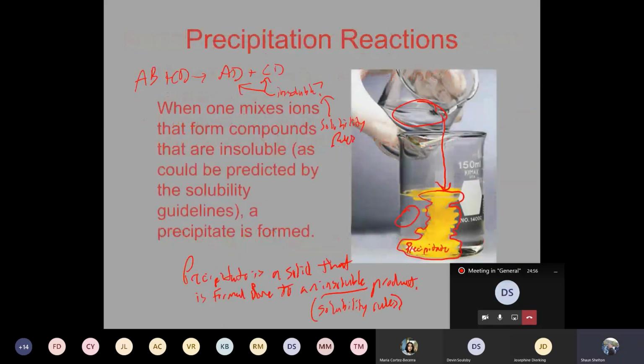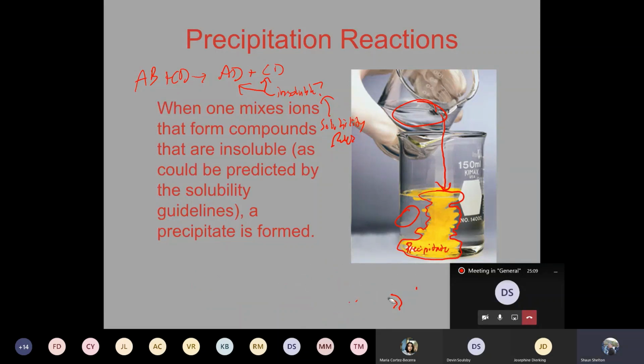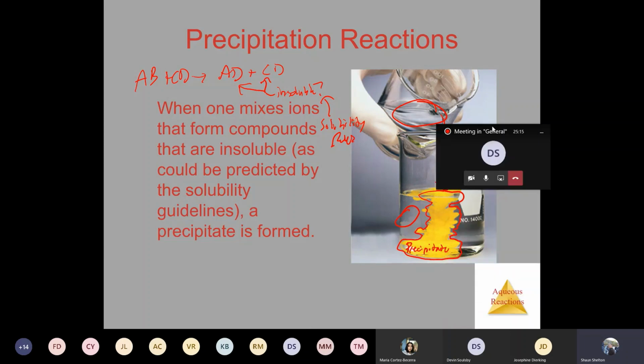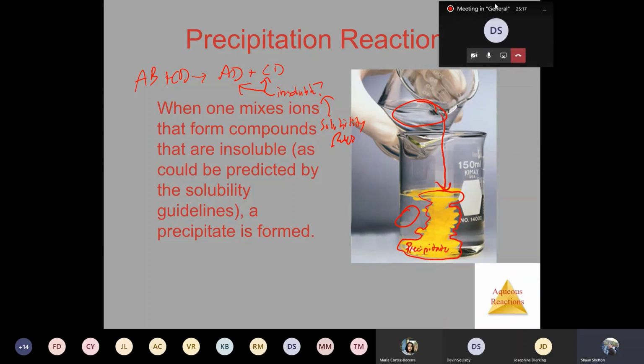All right, so let's go back to this slide and talk about this reaction here. In this reaction, we're going to work it out. I want us to see what this yellow precipitate is. That yellow precipitate is very prominent.